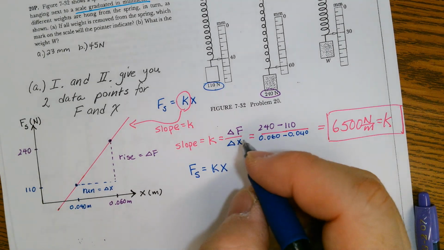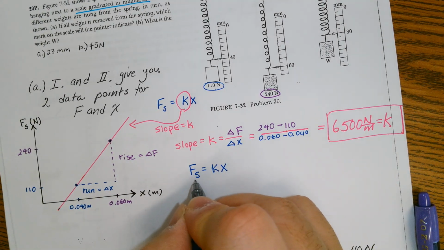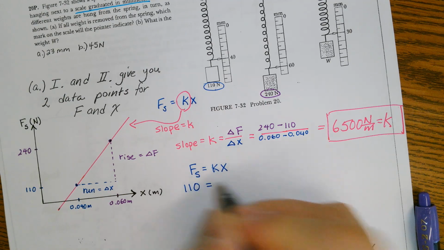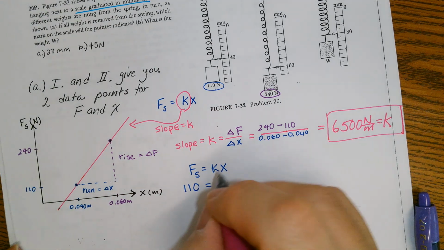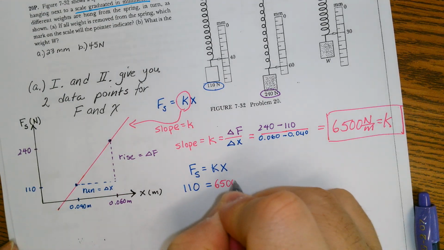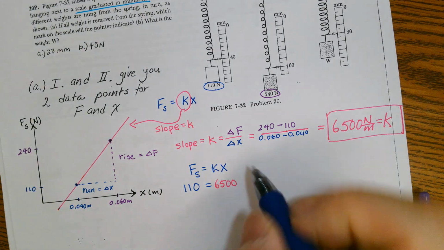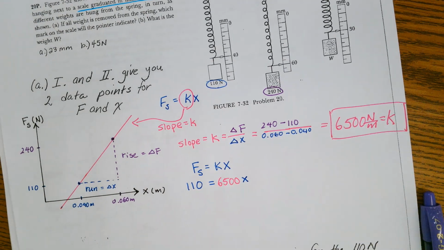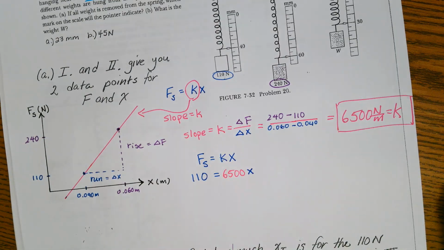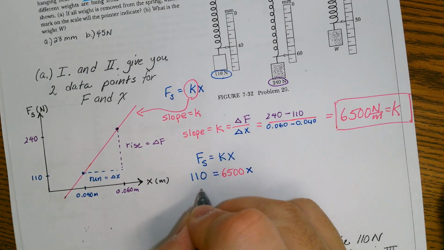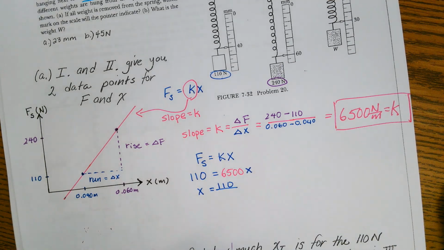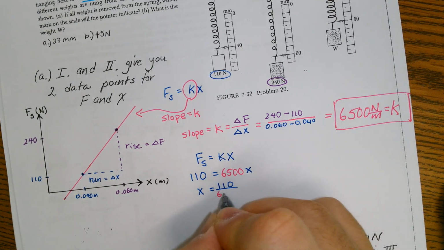Well, we know if I were to place 110 newtons of force with a spring constant of 6,500, I want to know how much it stretched. If I solve for x, my x is then 110 over 6,500.